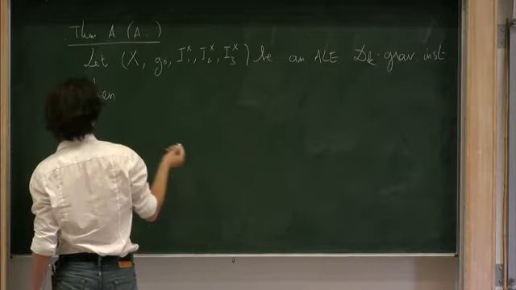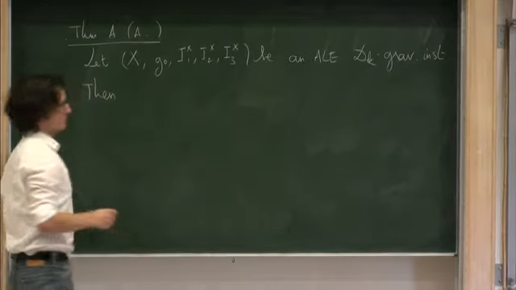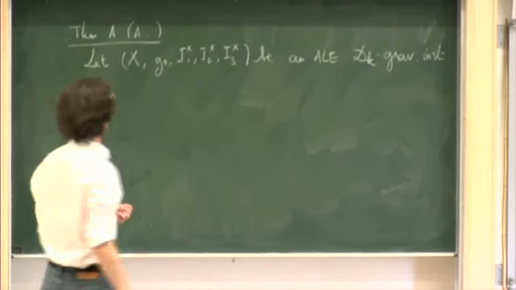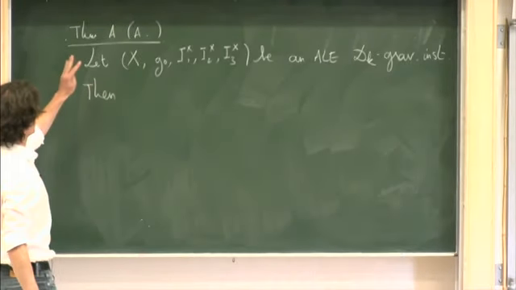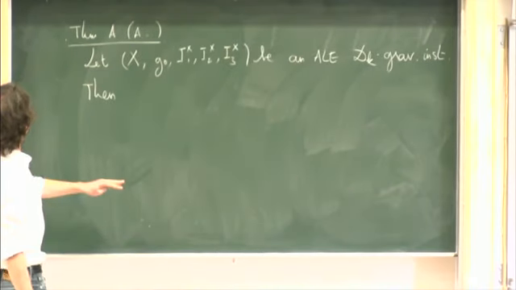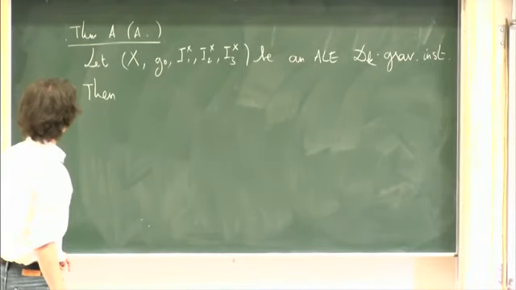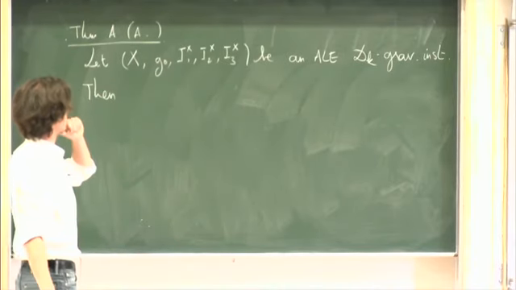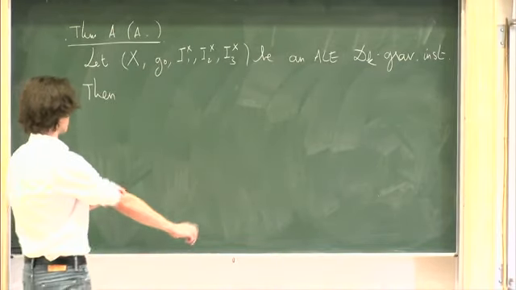Then there exists a whole family, a one parameter family of ALF metrics on X that are modeled on the Taub-NUT metric and for which you have extra information.